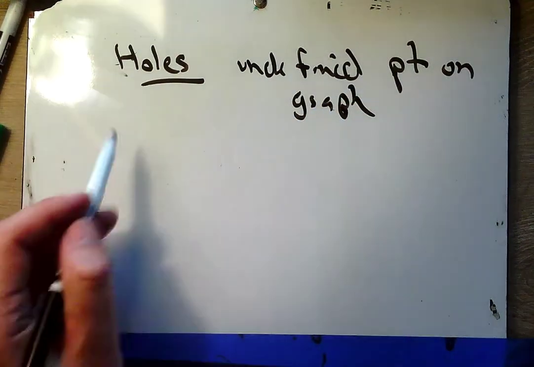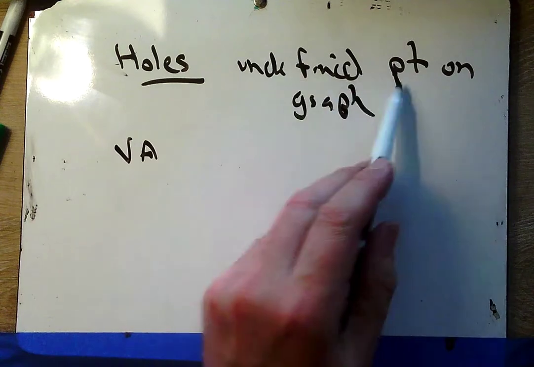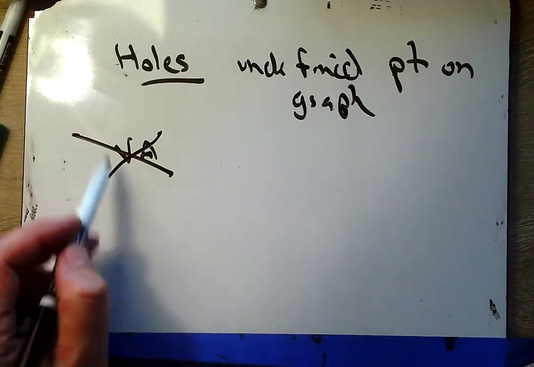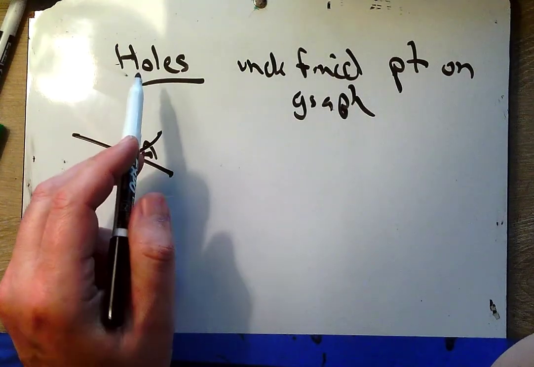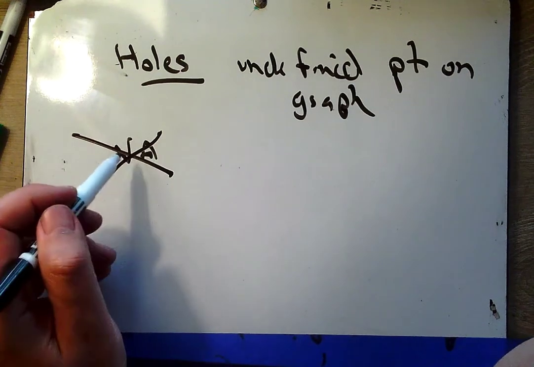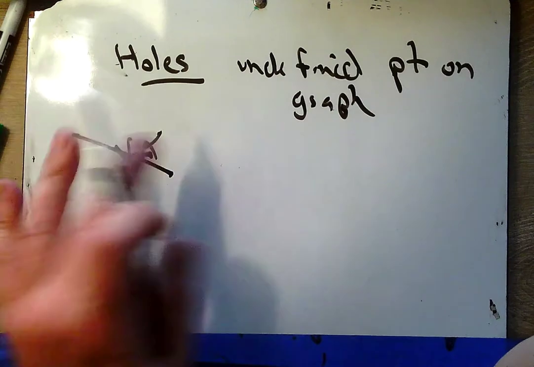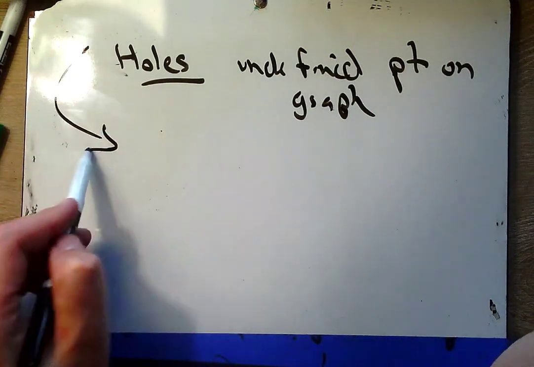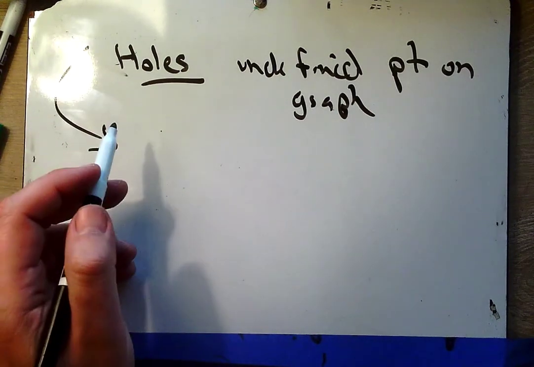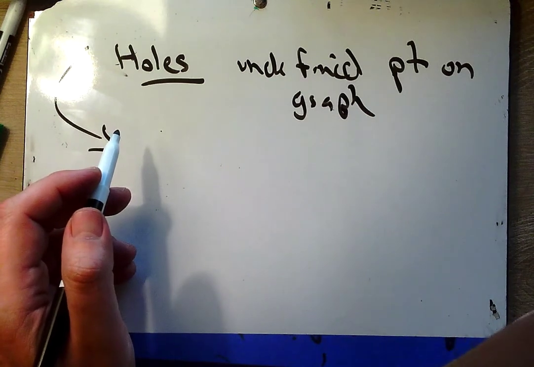And while a vertical asymptote is also an undefined point on the graph, a hole is different, because we bend to an asymptote and we don't bend to holes. A hole is actually born of two kids fighting in the back seat of the car.